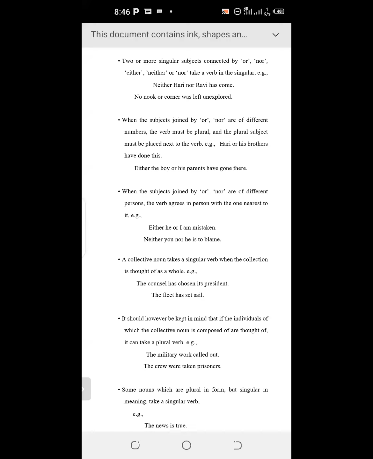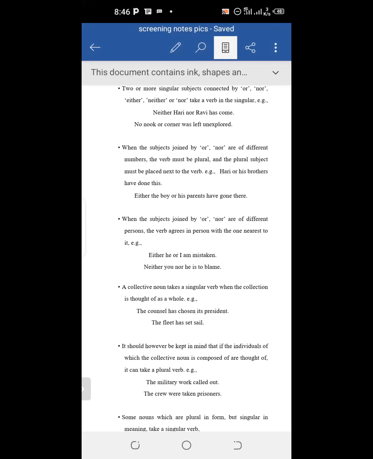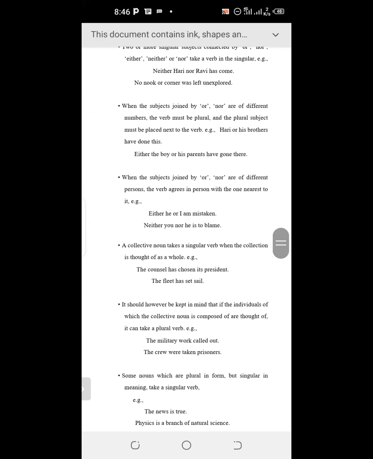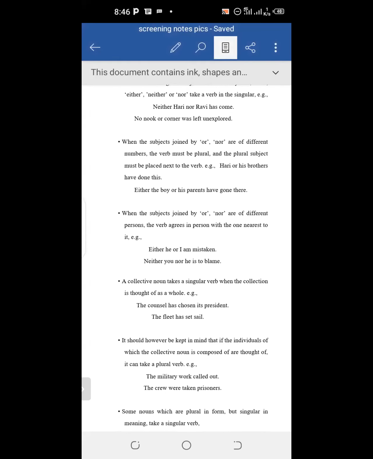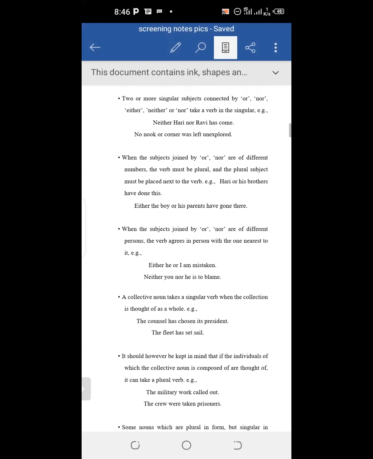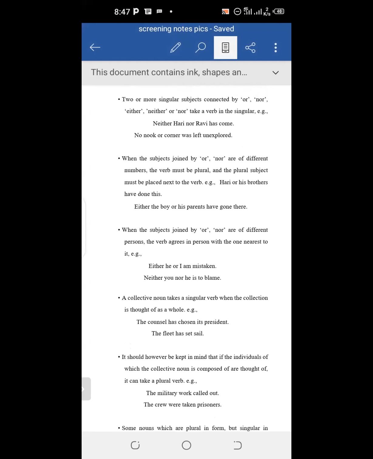Before the interruption, I was talking about the two different subjects. In the previous rule, we said that when two subjects are joined by or, nor, neither, either, we go for the singular subjects.